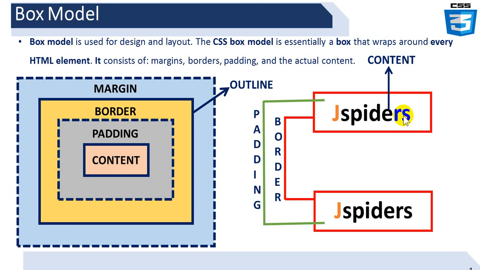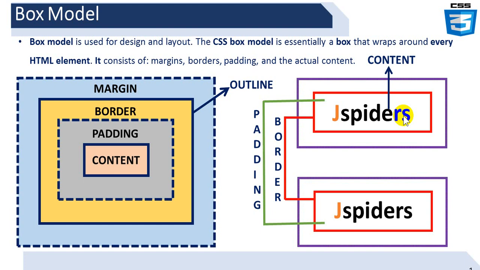Similarly, we have the outer edge, which is known as the outline. If you observe here, the purple color is the outline, and there is a space between the two outlines.